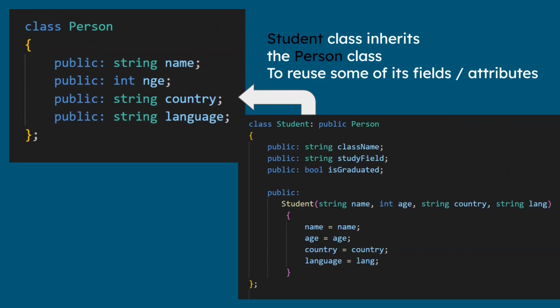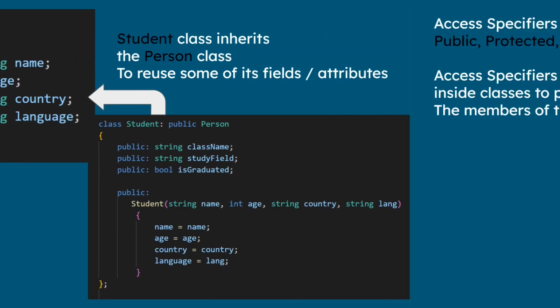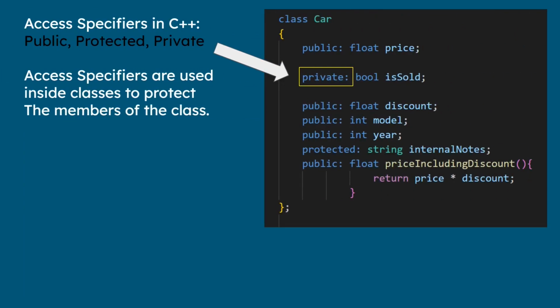Classes are inheritable. You can inherit from one class to extend your class. So classes are extendable, maintainable, and reusable. Access specifiers in C++: there are three access specifiers in C++, public, protected, and private.